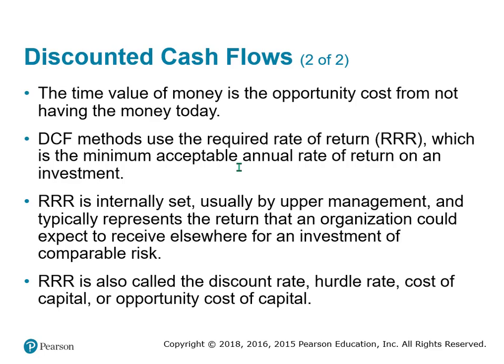And that rate of return is internally set, usually by upper management, and it usually represents the return that an organization could expect to receive elsewhere for an investment of comparable risk. It's also called the discount rate, the hurdle rate, cost of capital, opportunity cost of capital. It's all about interest.